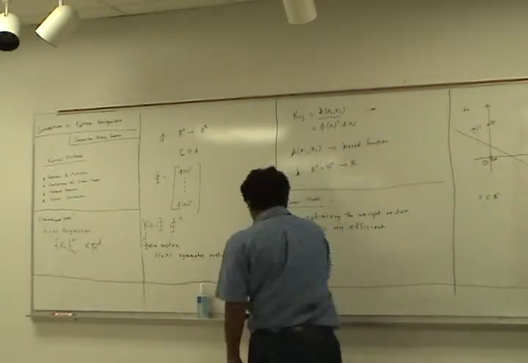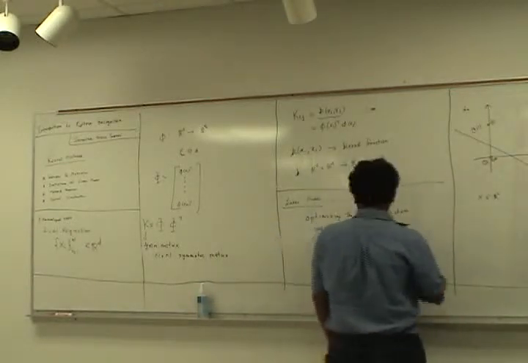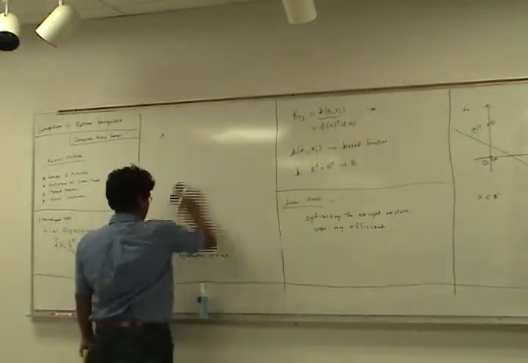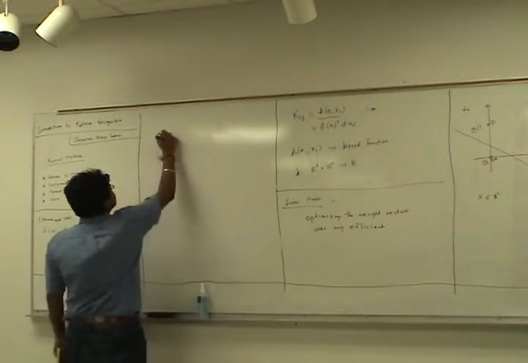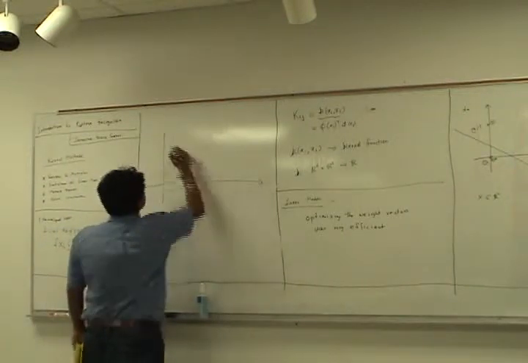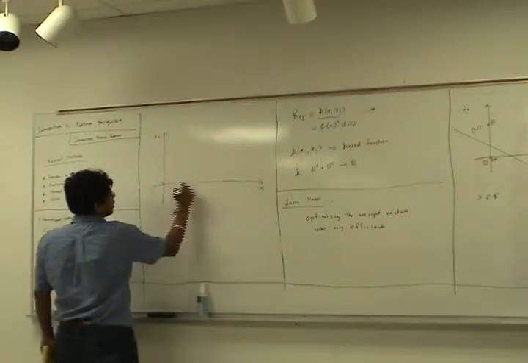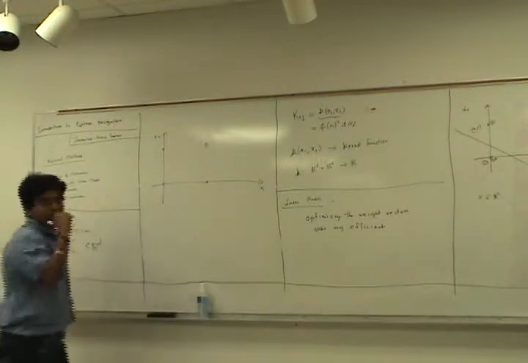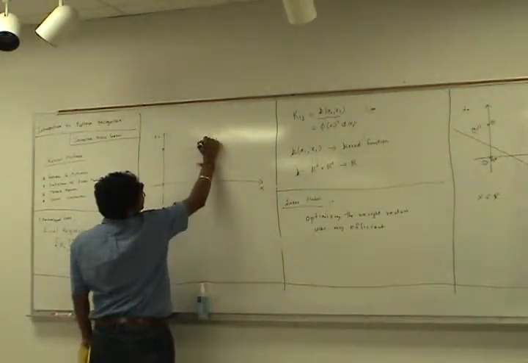Now let's say you added one more data point to this, which is (1,1), and the class of this is negative.